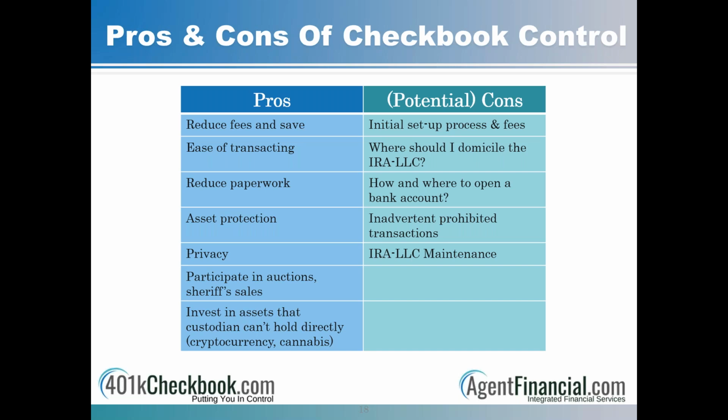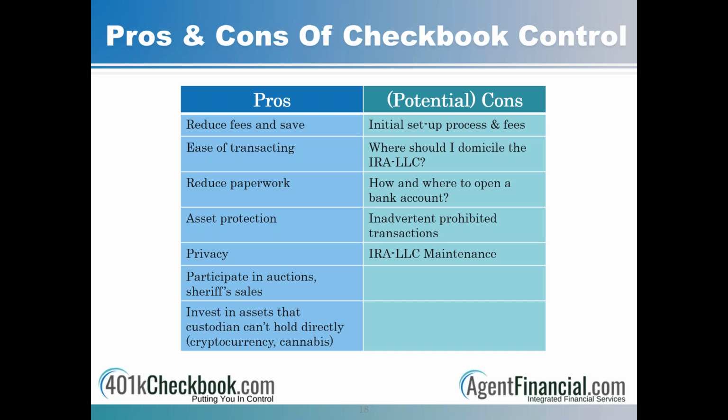So you're throwing out your name and your IRA account number, and that's in the paperwork that's being circulated. But if you use a properly structured LLC or trust, you'd be able to maintain privacy. No need for your name to show up anywhere.